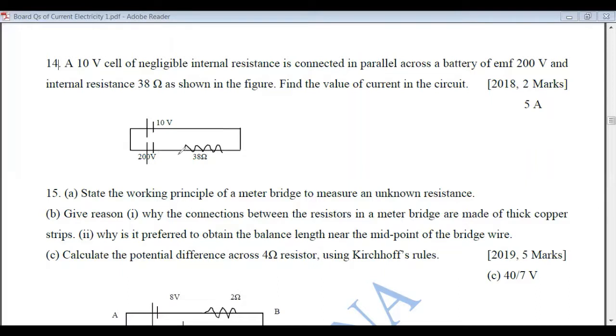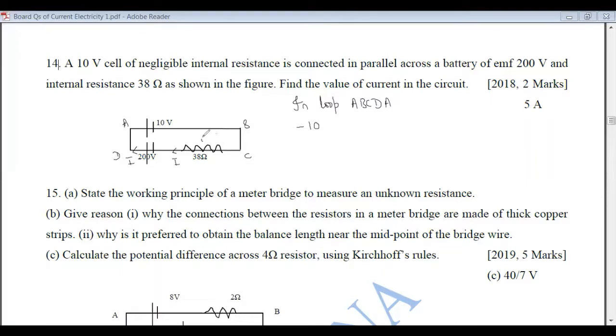You have to find out the value of the current I. Now let us apply Kirchhoff's second law in the loop A, B, C, D, A. So in loop A, B, C, D, A, moving from A to B, first we get the potential difference to be 10 volt, as the direction considered is from positive to the negative terminal inside the cell. So 10 volt will be taken as negative.